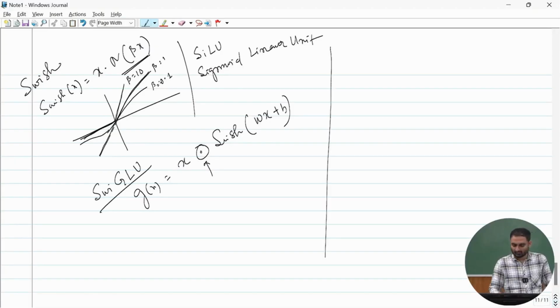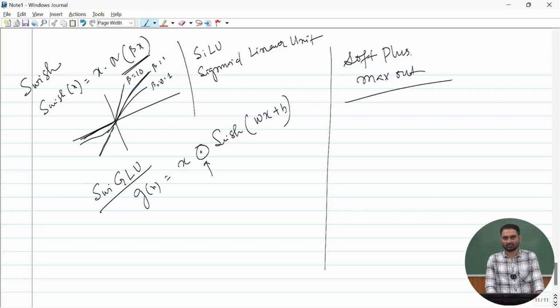Alright, there are many other activations like softplus, maxout, and so on and so forth. Some of them are computationally complex. Remember, we need to take the gradient of the activation, right? Therefore this should be computationally easy, right? So that is another factor.